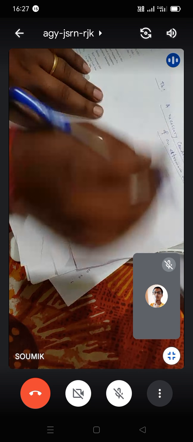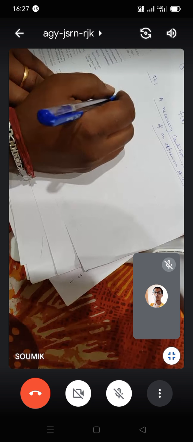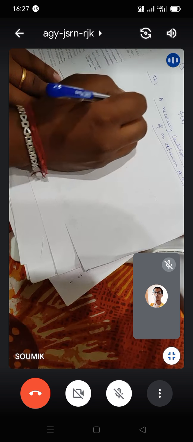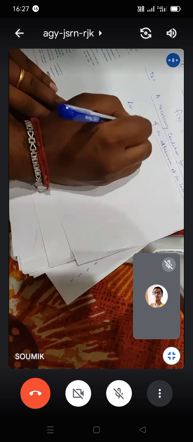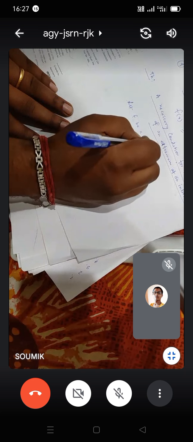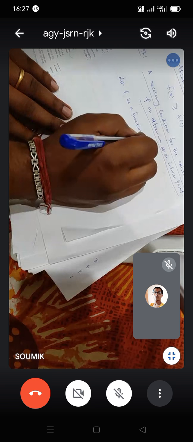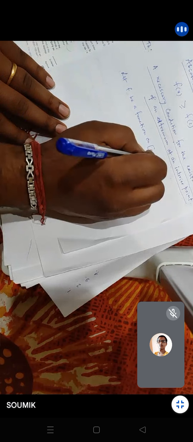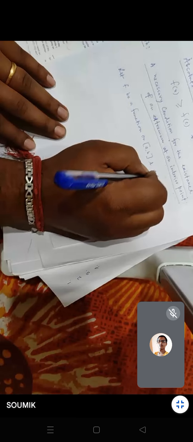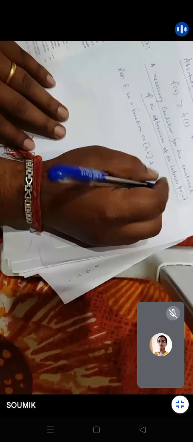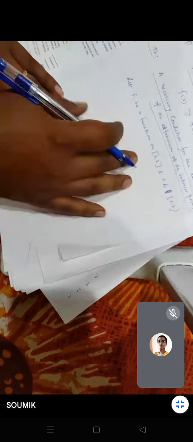Okay, so the statement of the theorem is: let f be a function on closed interval AB and c belongs to open interval AB.